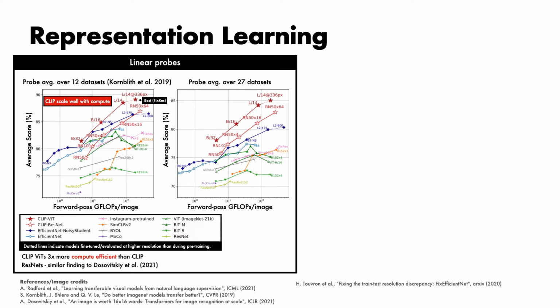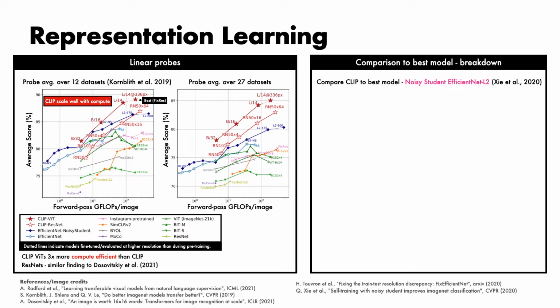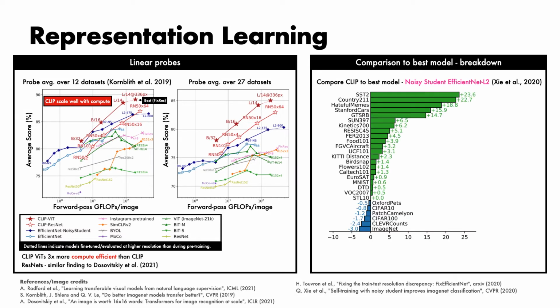For a more fine-grained analysis, the authors next compare CLIP to the best performing baseline on the 27 dataset suite, Noisy Student EfficientNet-L2. This plot shows the performance across each dataset, with the x-axis indicating change in score between the two models, and with green bars to the right indicating better CLIP performance, and blue bars to the left indicating better EfficientNet performance.